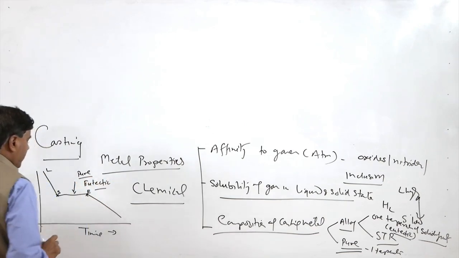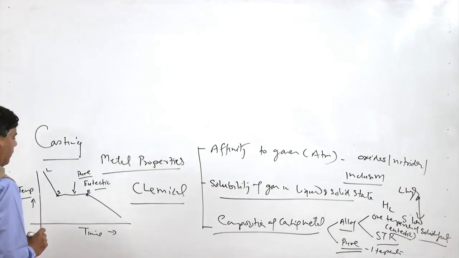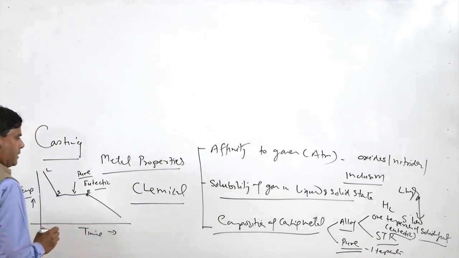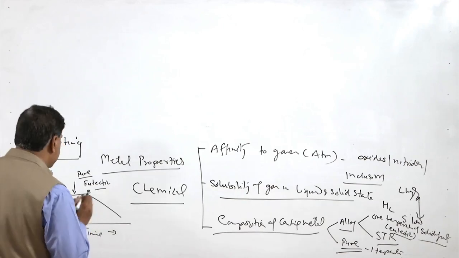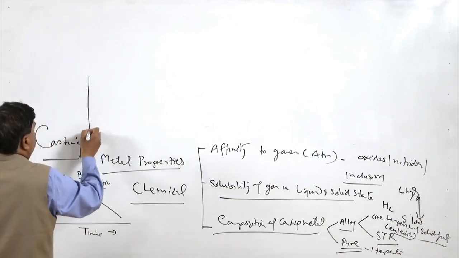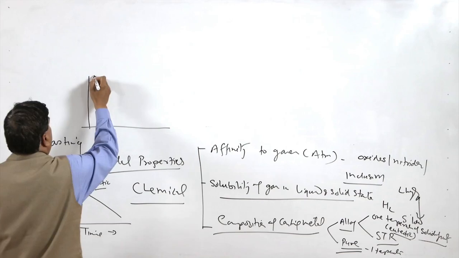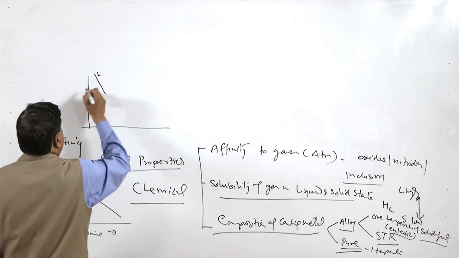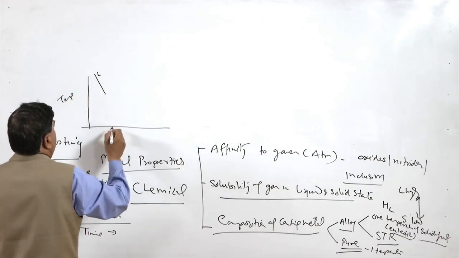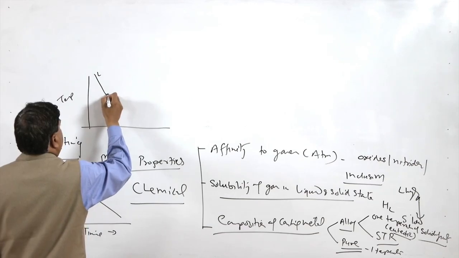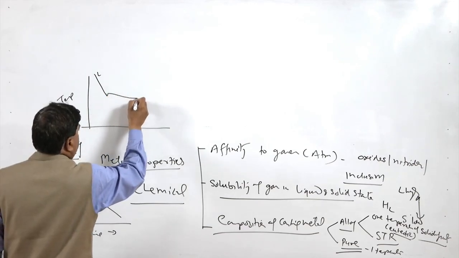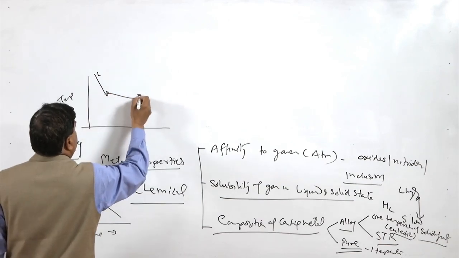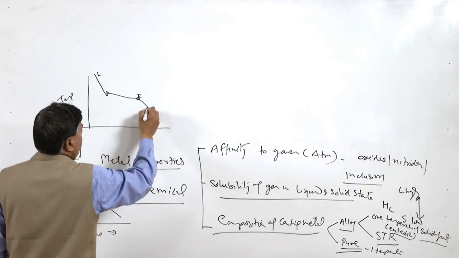On the other hand, there are certain alloys with a solidification temperature range, which solidify in a completely different way. Initially there is a drop in temperature from the liquid state, and then there is an arrest in temperature, after which the temperature decreases slowly, and then here it ends. So, here the solidification starts, here solidification ends, and then there is again a drop in temperature.